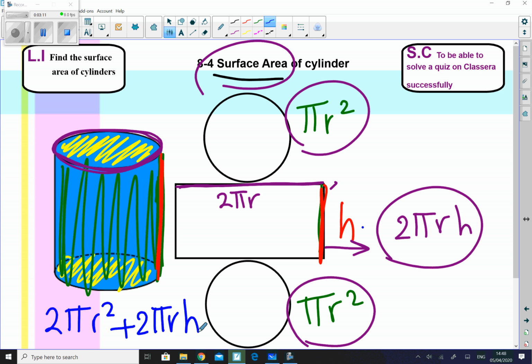That's the surface area of a cylinder, and that's how you find it. So the rule that I'm going to use is surface area equals 2 pi r squared plus 2 pi r height. Let's take an example to see how we can solve this.